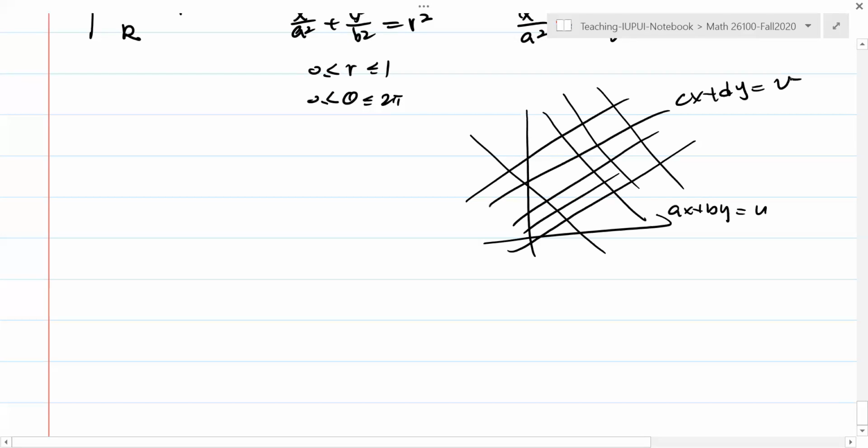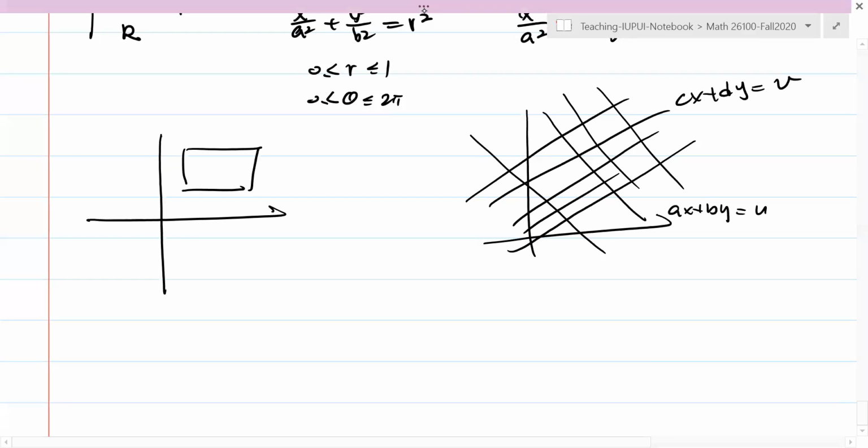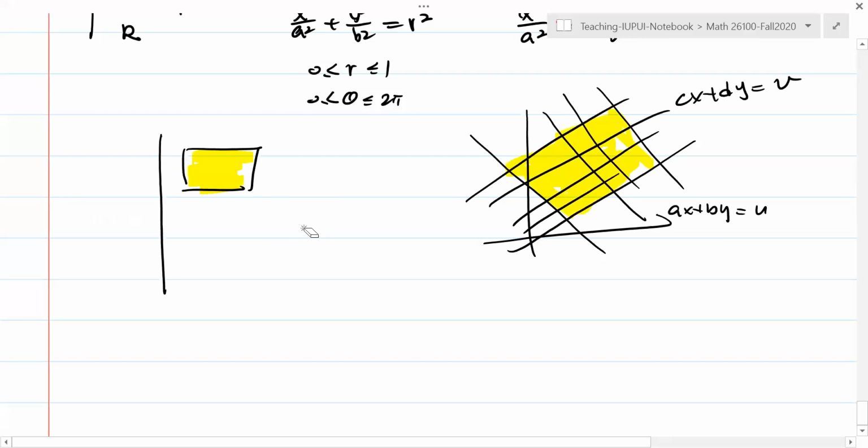Then you will get a rectangle here, which is sent to this. These are the two types of transformation we need to pay attention to.